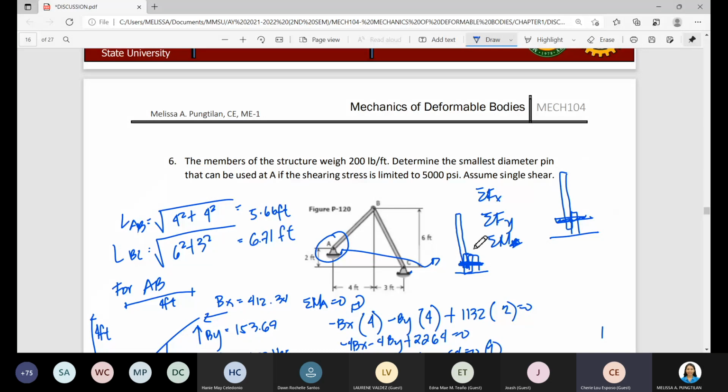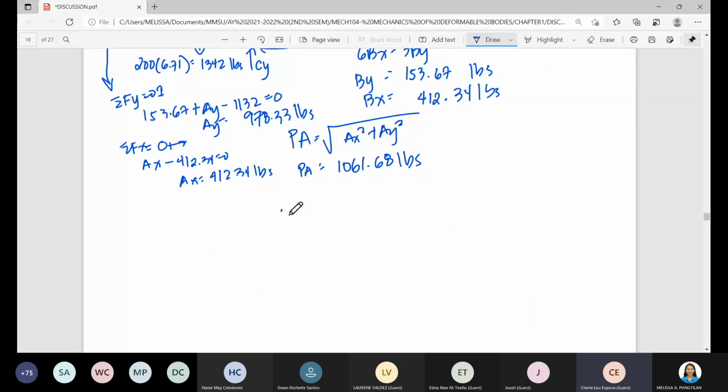Therefore, at A is equal to, hindi pala stress, sorry. Shear. So, the shearing stress is equal to V all over A, and which yung ating shearing stress is limited to 5,000 psi or pounds per inches squared is equal to V, 1,061.68 pounds, all over resisting area is pi d squared all over 4.